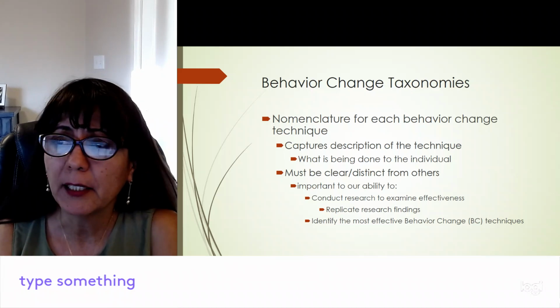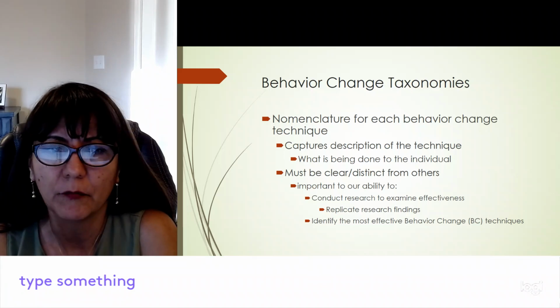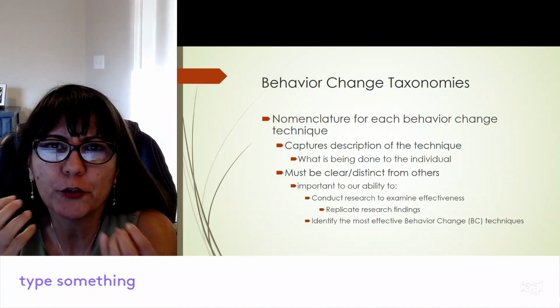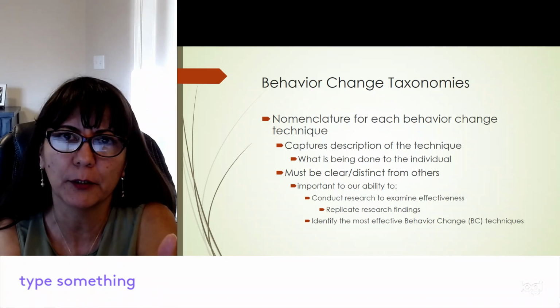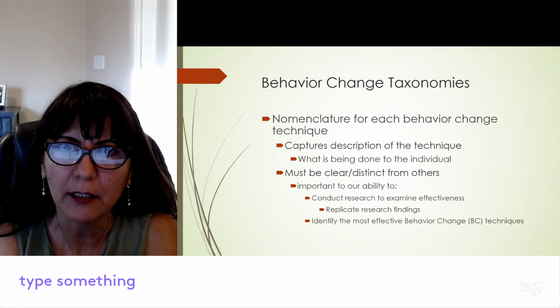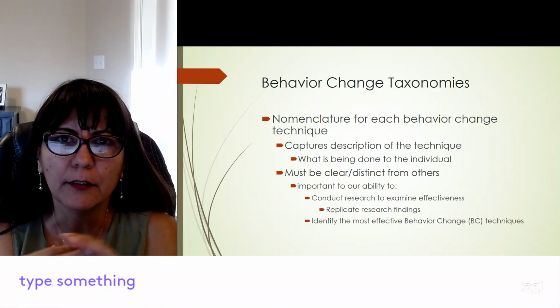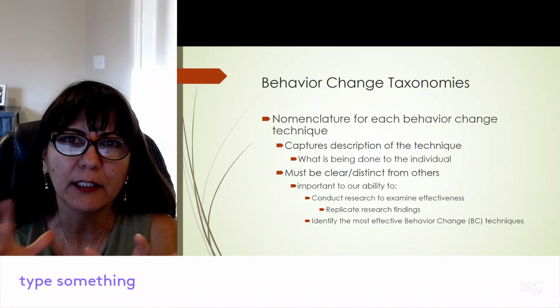The taxonomy captures the description of the technique. It captures what is being done to the individual to try to influence the way they think about the behavior or their ability to carry out the behavior.